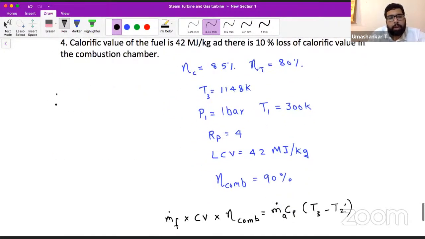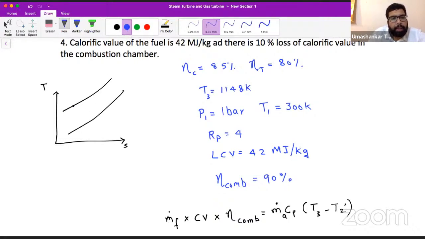Now try to understand this. We have this TS diagram, let's make that TS diagram. Sometimes mistakes can happen when all the things are combined together. Here combustion efficiency and isentropic efficiency are combined.